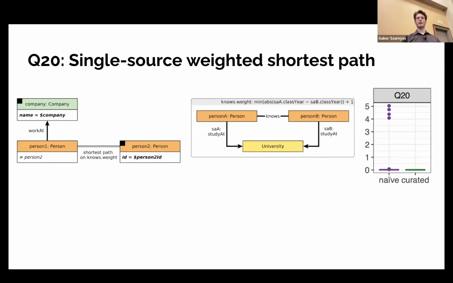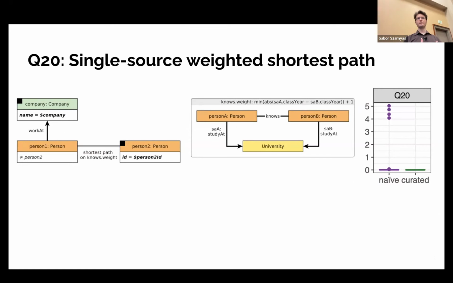And finally, we have this recruitment query where we say we want to recruit person 2 to our company. Our way of doing so is to compute edges where the weight is determined by the enrollment class year of the 2 people at the same university. And we expect the 2 people to go to the same university.